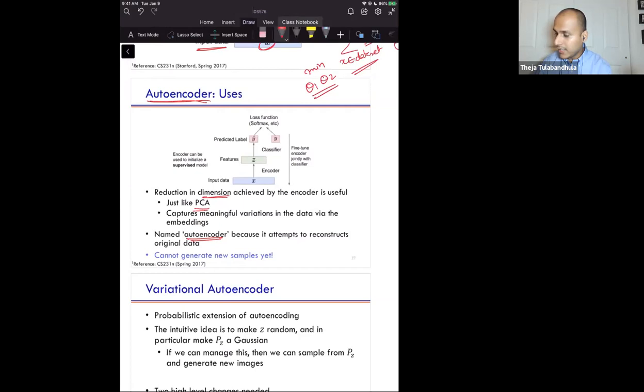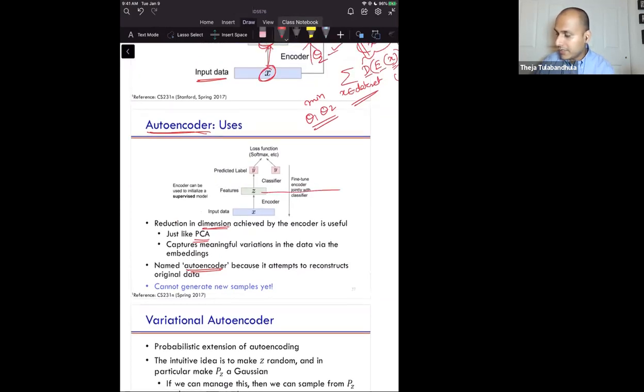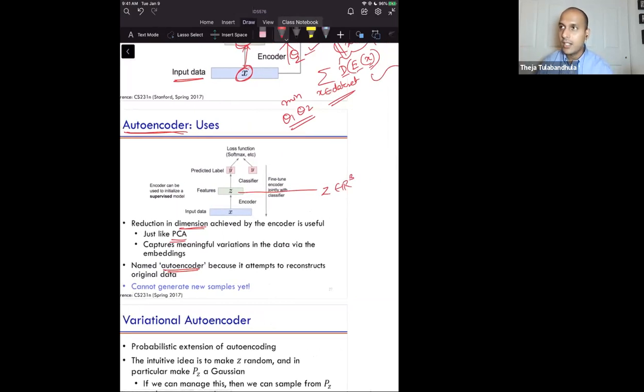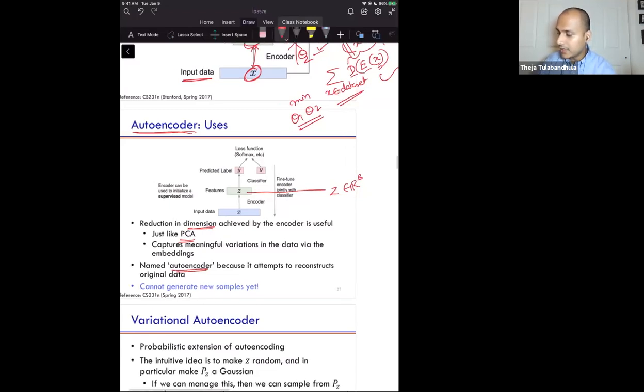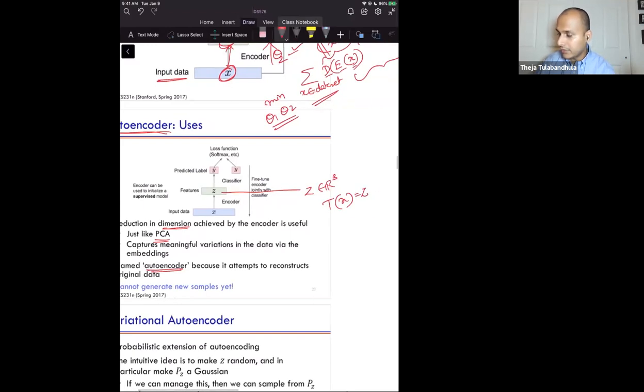So in PCA, what is Z? Z is the lower dimensional representation. If you're reducing to 3 dimensions, Z is going to be in 3 dimensions. In PCA, you're mostly thinking in terms of the principal components and principal directions, right? But in general, you can also think of PCA as a transformation T that takes X and produces a smaller dimensional vector Z for every data point.